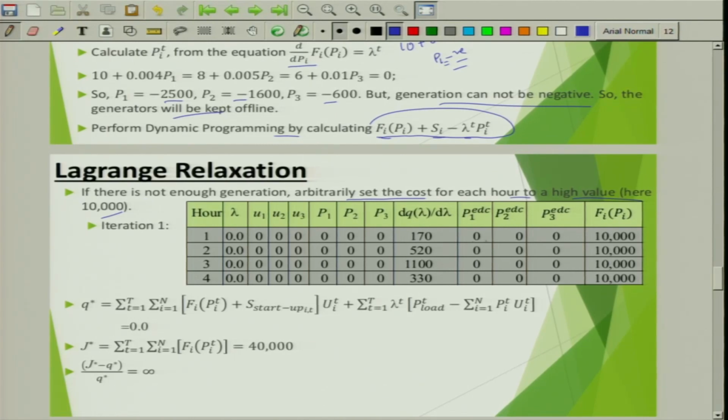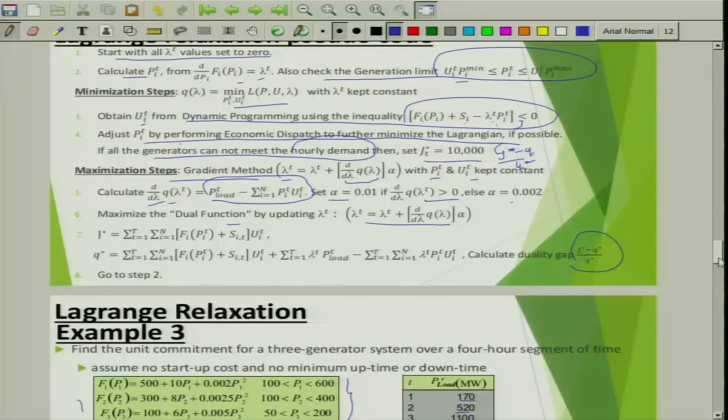So you consider for each hour lambda is 0, and u1, u2, u3, the on states, are 0, you are not turning them on, which means generation is off. Then you obtain dq lambda by d lambda, that is nothing but your load. I will just show you what is dq here.